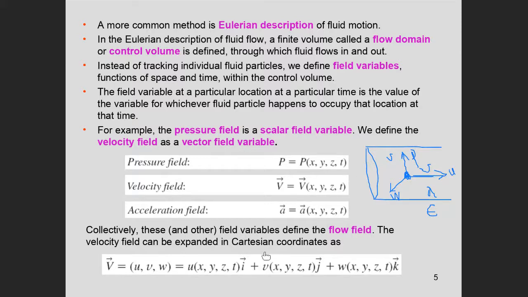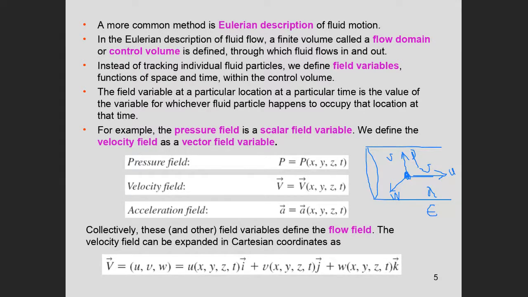Now, the velocity is 3-dimensional, and make no mistake about it, each one of these components is also 4-dimensional, which basically means the total velocity is 4-dimensional. So U, the x-axis velocity, is a function of x, y, z, and t. i is a unit vector, which indicates that this is the velocity along the x-axis. V is the velocity along the y-axis, indicated by j. The velocity vector is also a function of x, y, z, and t, and similarly w.